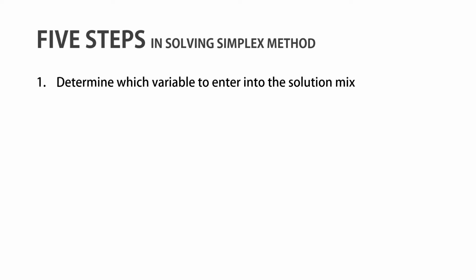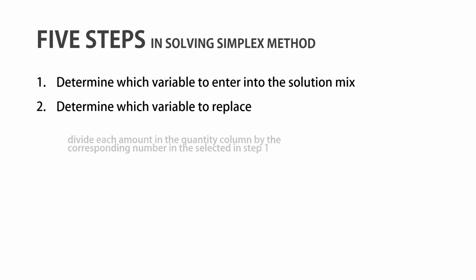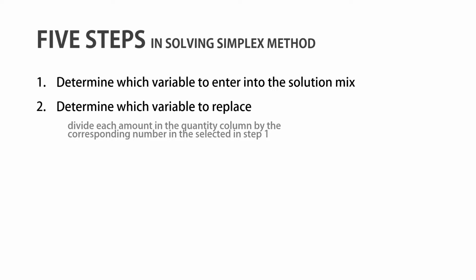Second, determine which variable to replace. Because we have chosen a new variable to enter the solution mix, we must decide which basic variable currently in the solution will have to leave to make room for it. Step 2 is accomplished by dividing each amount in the quantity column by the corresponding number in the column selected in step 1.